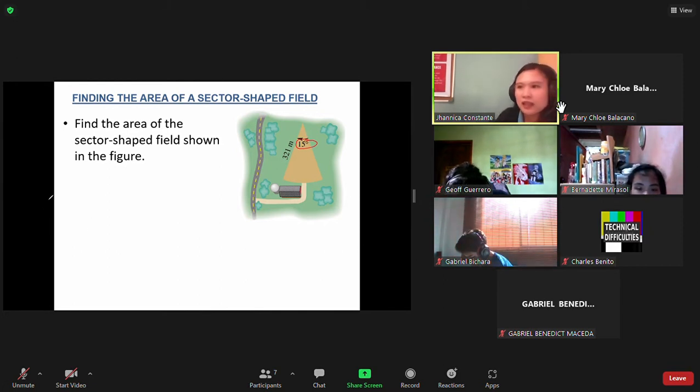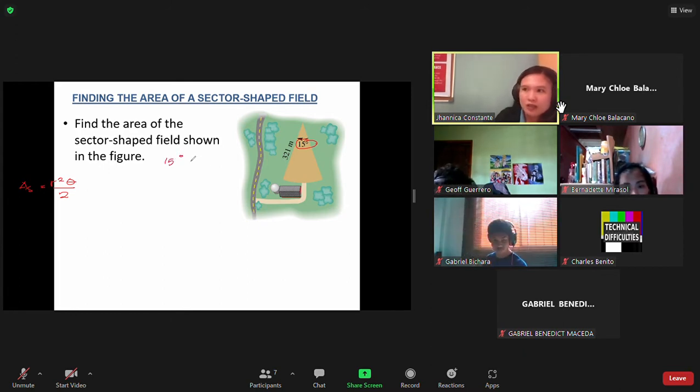Kung gagamitin ang second formula, which is area of sector equals r squared times the angle divided by 2. Since ang angle sa figure is in terms of degrees, kailangan i-change muna si degrees into radians. How are we going to change it? By multiplying 15 degrees times pi radians over 180. That's how we change the degree angle into our radian form.